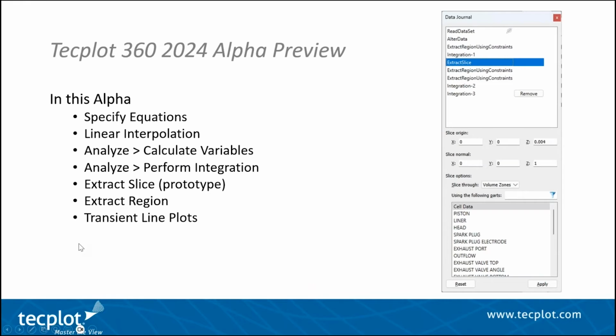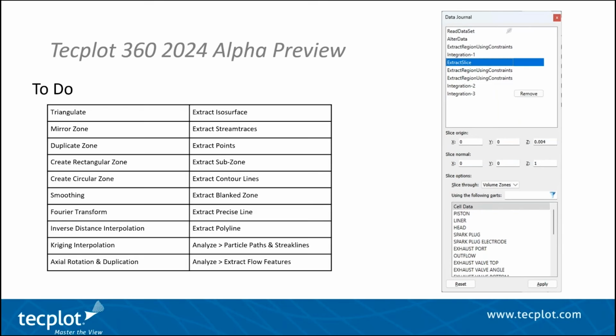But in this alpha, we've pretty much demonstrated all of the capabilities that have been ported to this new infrastructure. So we've added specify equations, which is the alter data, linear interpolation, calculate variables, which I didn't demonstrate but is pretty straightforward, integration, which you saw, the extract slice prototype, extract region, which is extract region using constraints, and then of course transient line plots, where you make a line map associated with a part rather than a zone.